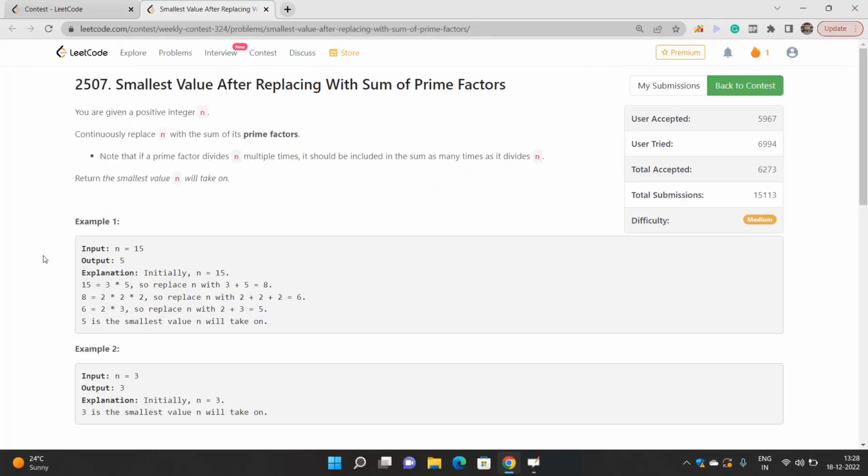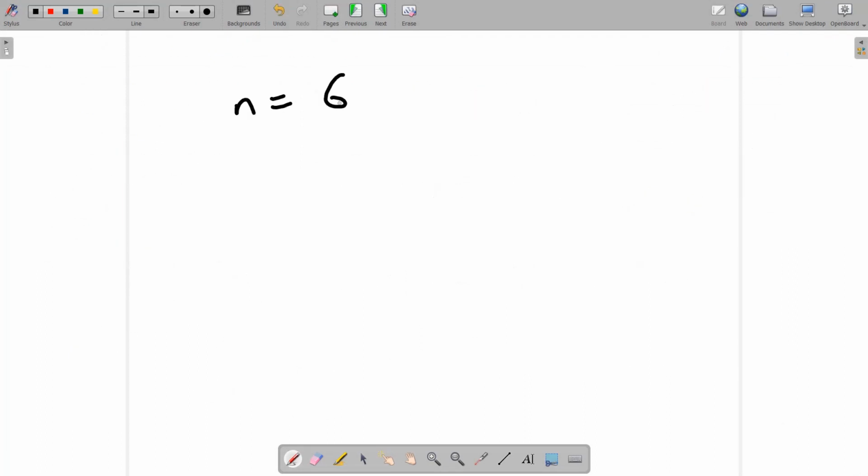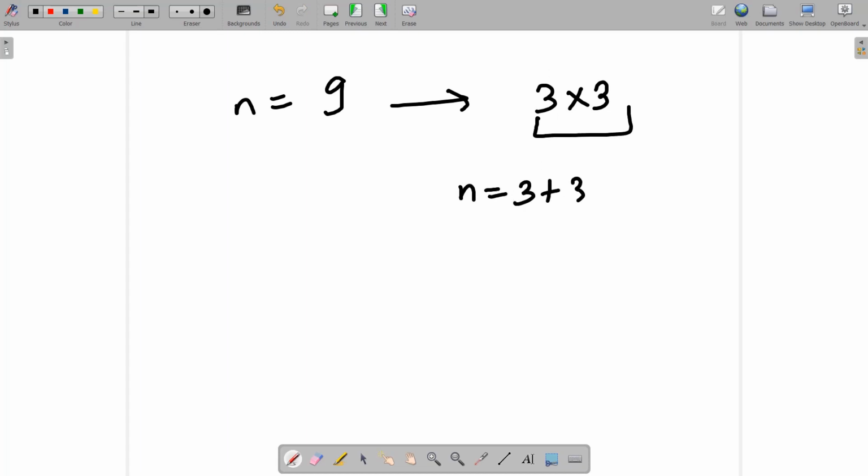Let's take another example. Let's say our n is 9. You check its prime factors, which is 3 square, nothing but 3 into 3. So you need to replace n with 3 plus 3, which is going to be 6.